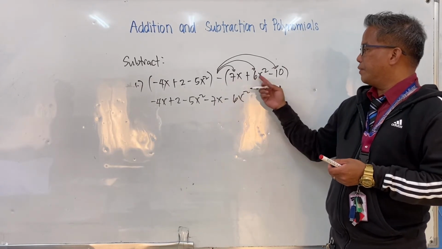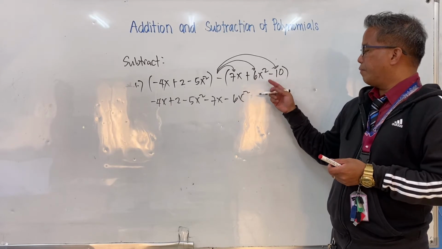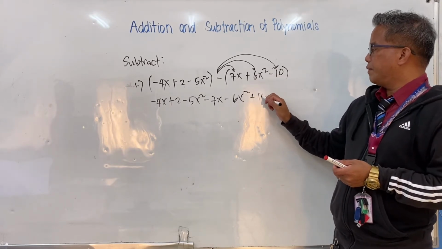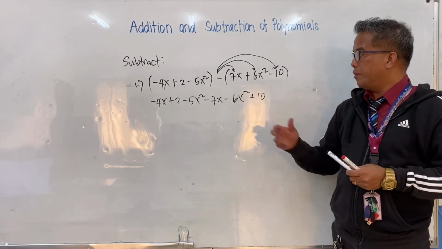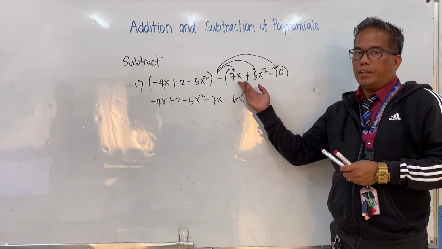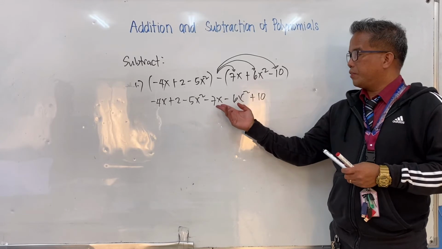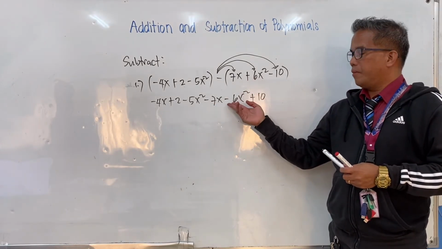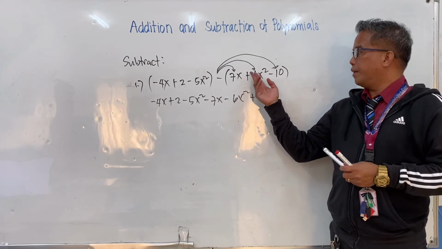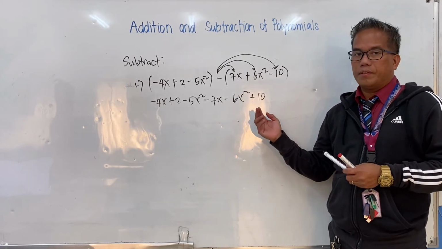Then negative times negative 10 will become positive 10. If the sign of the term is positive, just put negative as your answer. Positive will be negative, then negative change it to positive.